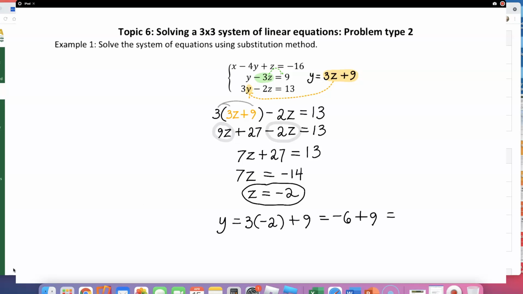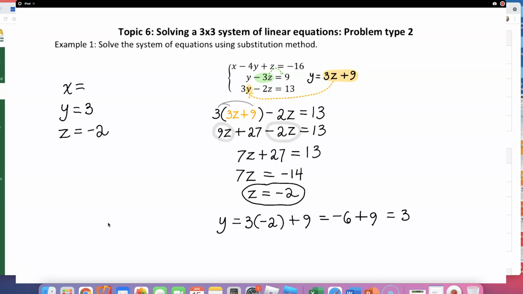So we got that y is actually equal to 3. So we have what y is, and we have what z is. All we need to find is the x value.